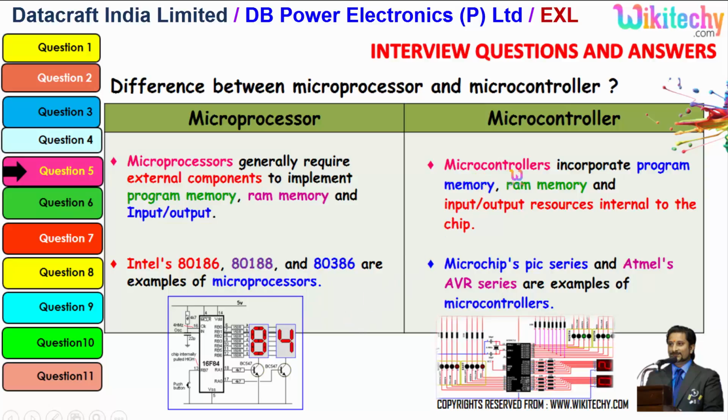Microcontrollers incorporate program memory, RAM memory and input-output resources internal to the chip. The PIC series and Atmel AVR series are typical examples of microcontrollers.